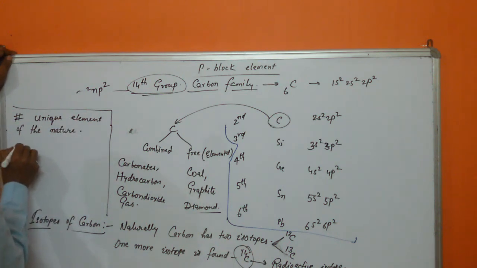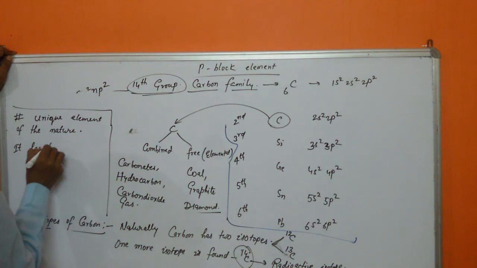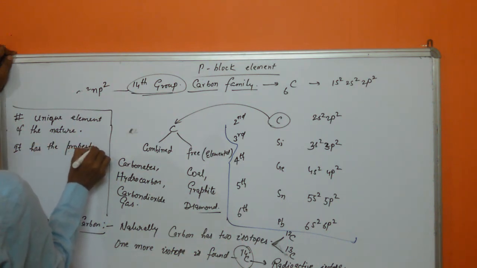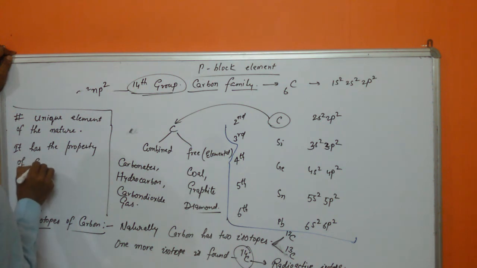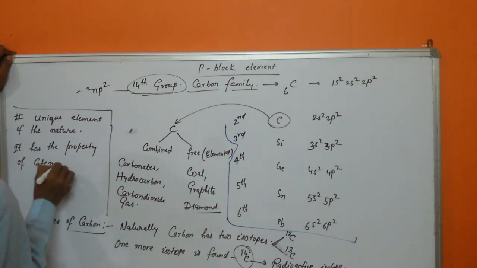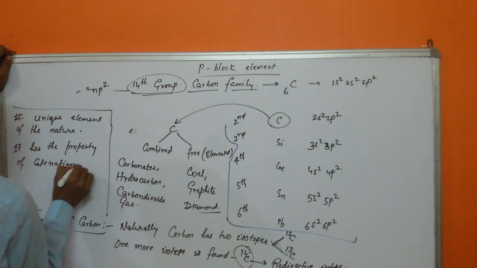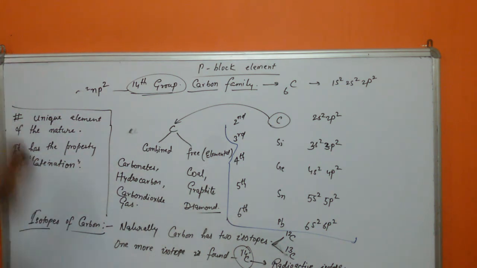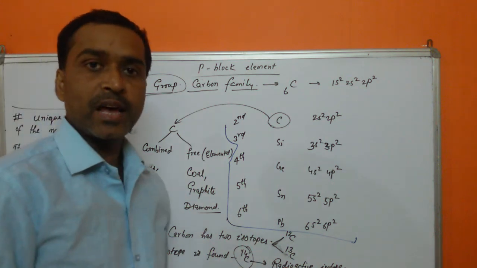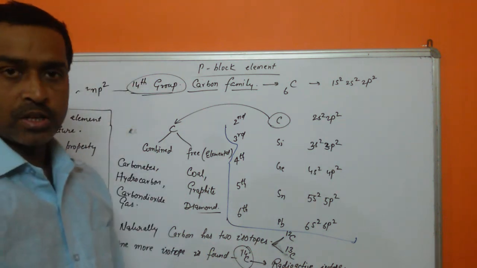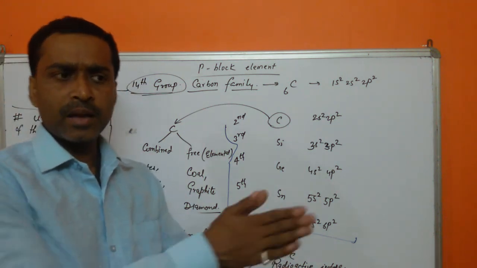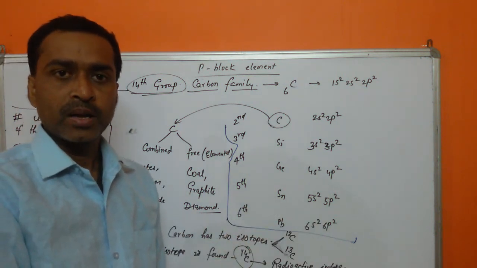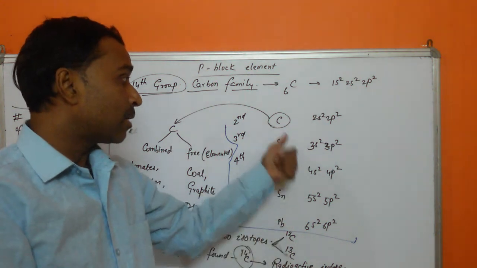It has the property of catenation. Do you know about catenation? Catenation means chain-like structure: carbon can form chain-like structures with hydrogen, halogens and other elements also.